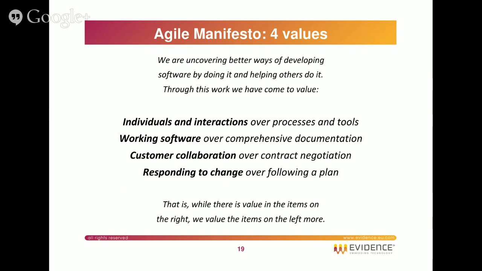Customer collaboration over contract negotiation. That means customer in the loop. Rather than the customer there and us here and the contract in the middle that separates us, collaboration with the customer to achieve the goal of producing better software.